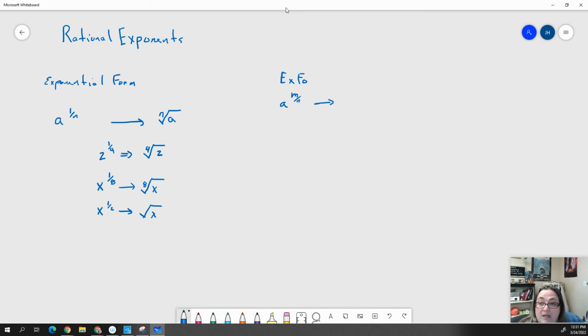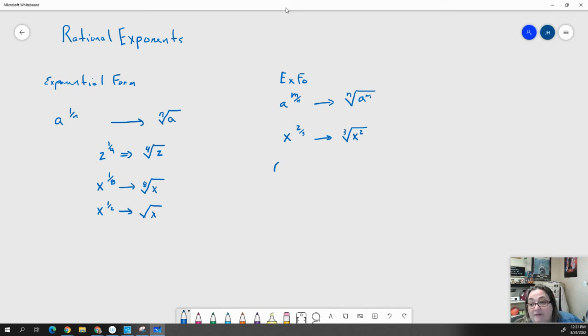We would put that in radical form by saying the nth root of a to the power of m. So again, if this was x to the 2/3, this would be the cube root of x squared. Denominator becomes our index. The numerator we raise to the power, right?